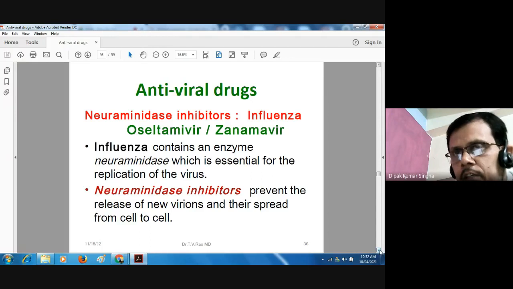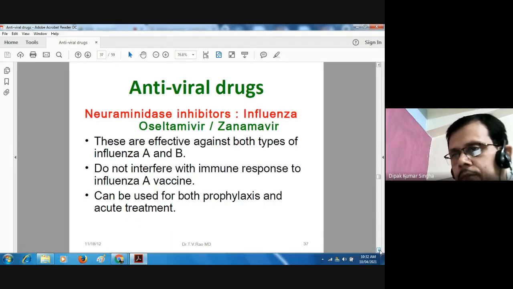Virions are small particles which cause the viral infection. Virions are released by the neuraminidase enzyme, but when you use these antiviral drugs, the neuraminidase will be inhibited, so virions will not be released and ultimately the infection will be stopped.